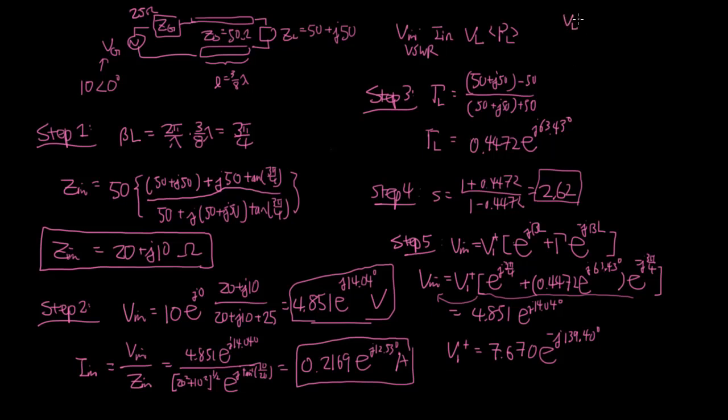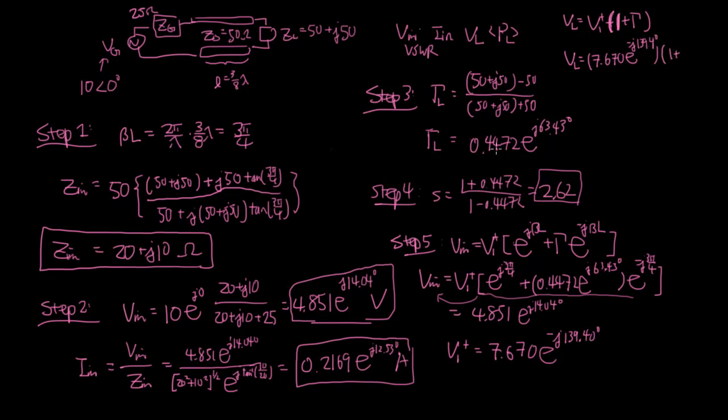So VL will be equal to V1 plus times 1 plus gamma. So now you're just crunching numbers at this stage. If I were to write out what we're actually plugging in, we have V1 plus, which is 7.670 e to the minus j 139.4 degrees.